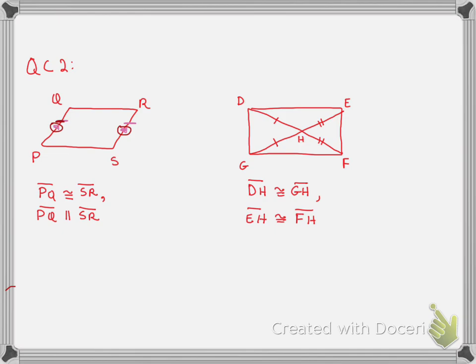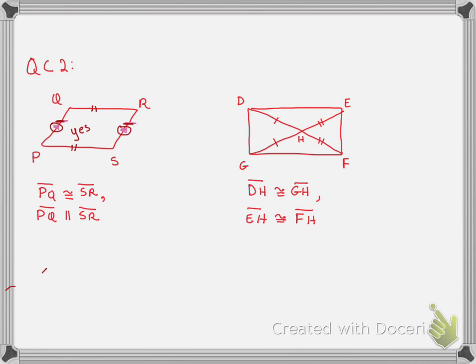So here's that and that, PQ is congruent to SR. It follows that if PQ and SR are the same length, then PS and QR would also have to be the same length. So yes, that is enough to say that PQRS is a parallelogram.